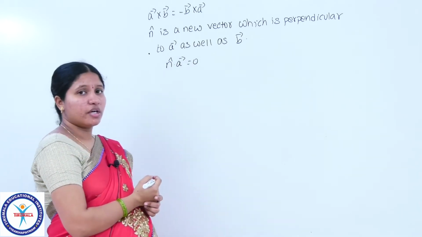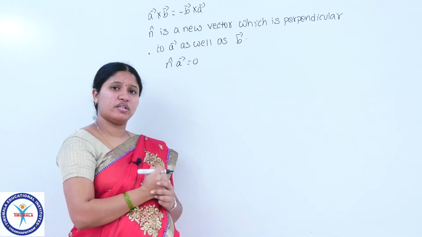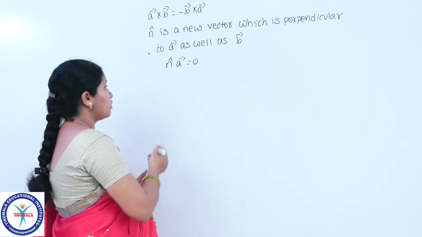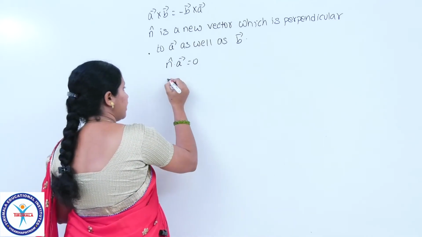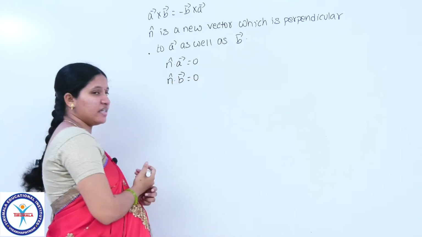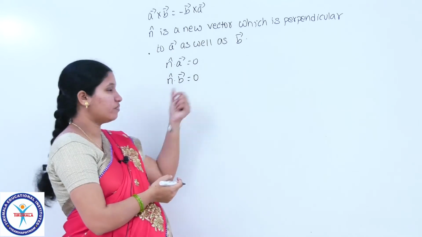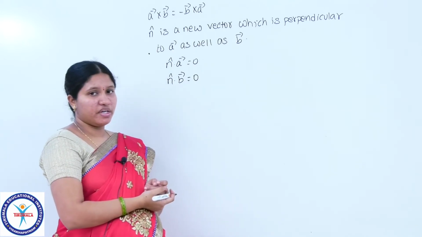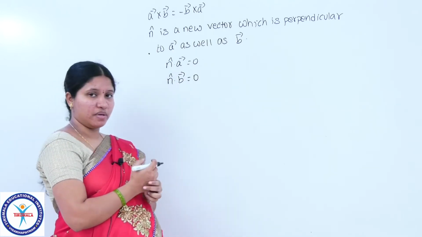Why? Because if the dot product is 0, we can say that the two vectors are perpendicular. So as it is perpendicular to b bar vector also, n cap dot b bar can also be said as its value is equal to 0. Hence they are perpendicular to vectors a bar and b bar.